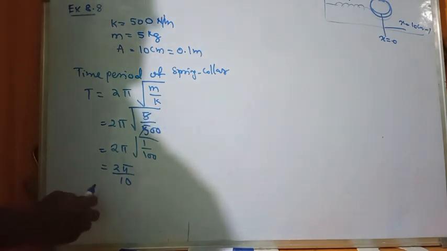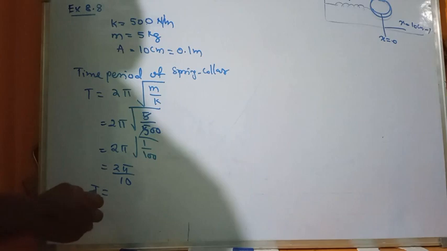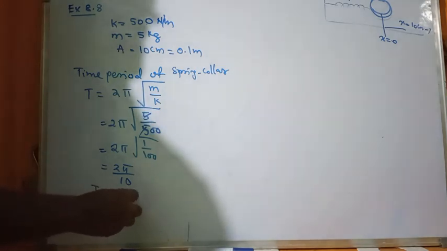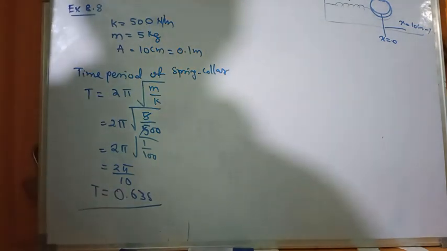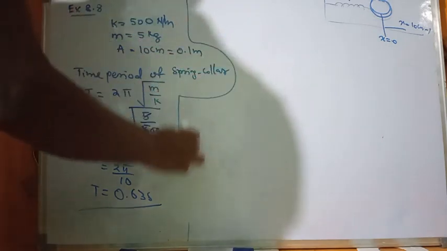And the time period T is equal to 0.63 seconds. This is the time period of that spring and collar system.